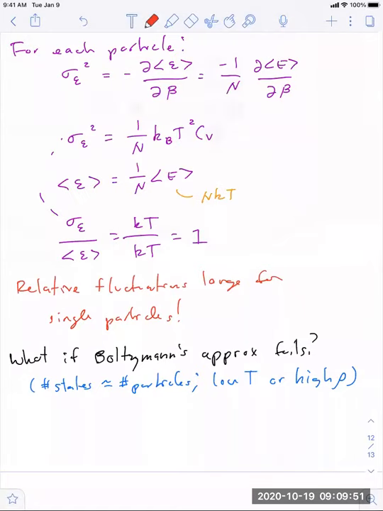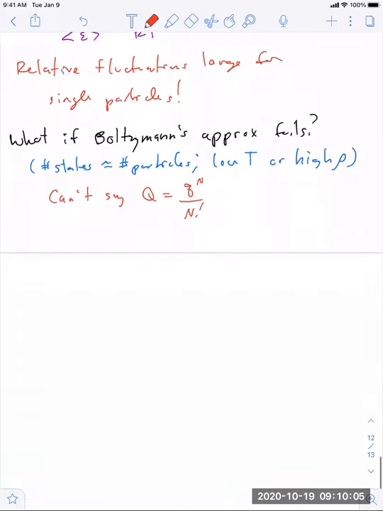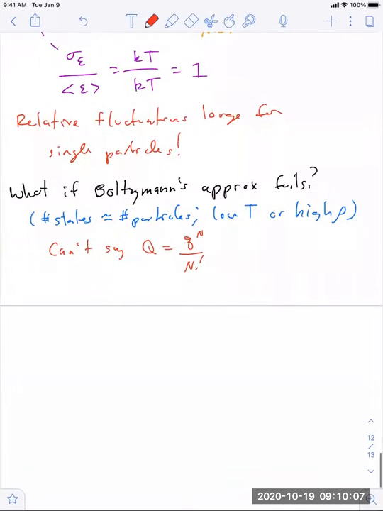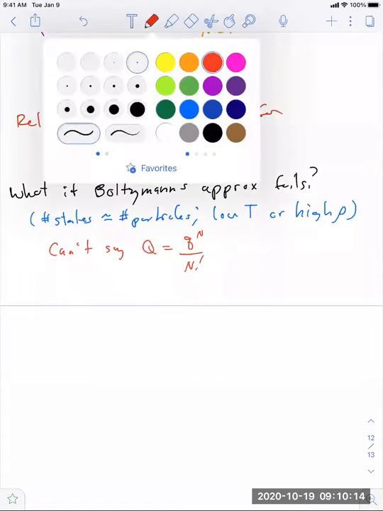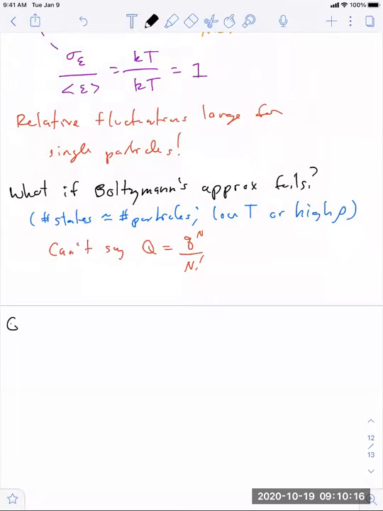So now we can't say that Q is just the single particle partition function to the N divided by N factorial. So we'll call this the quantum regime, as a contrast from the classical regime where Boltzmann's approximation is valid.